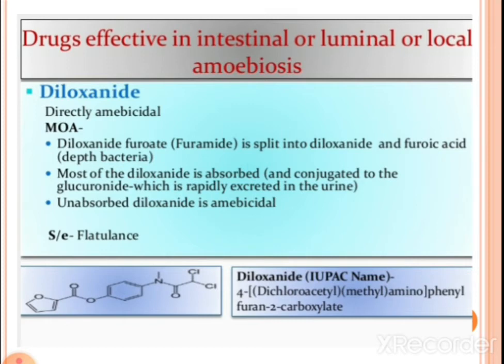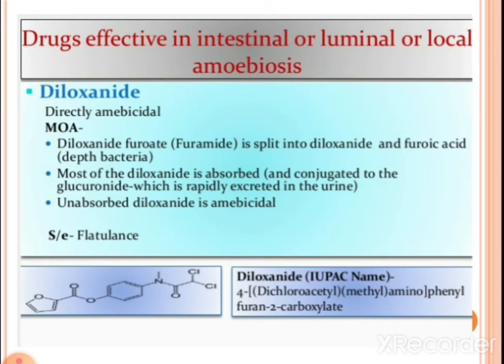Initially diloxanide furoate breaks down into diloxanide and furoic acid. Furoic acid is destroyed by the bacteria. Most of the diloxanide is absorbed and conjugated to glucuronide, which is rapidly excreted in the urine. The unabsorbed diloxanide shows the amoebicidal activity.